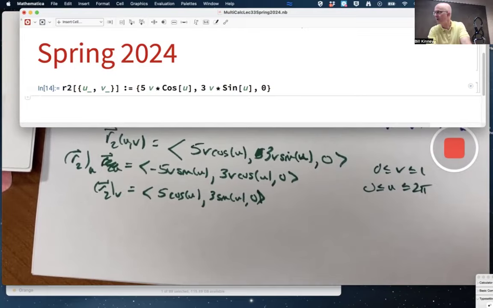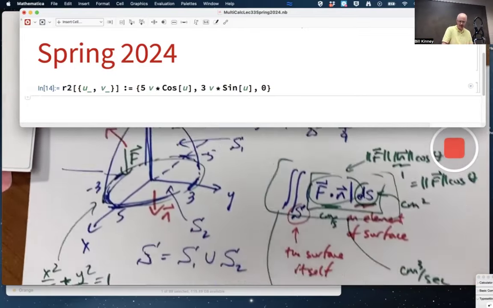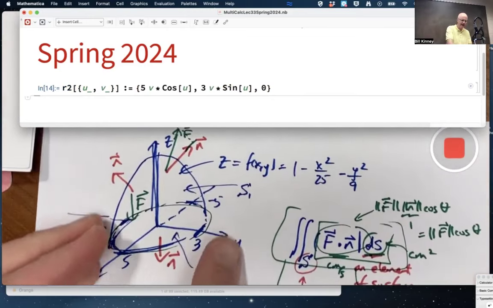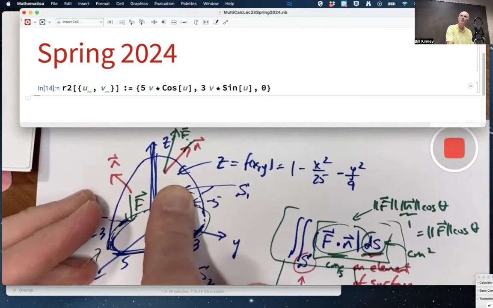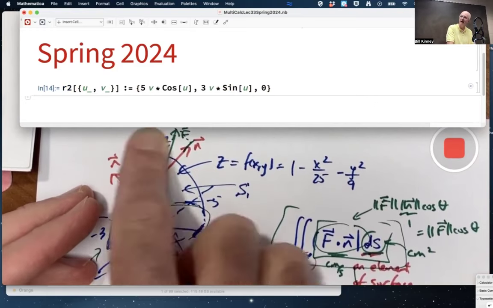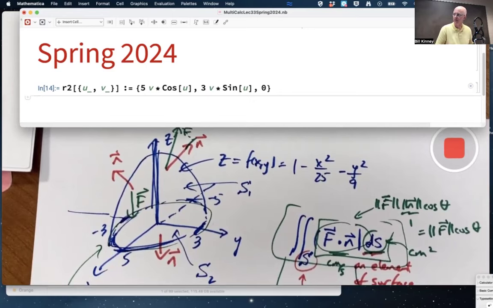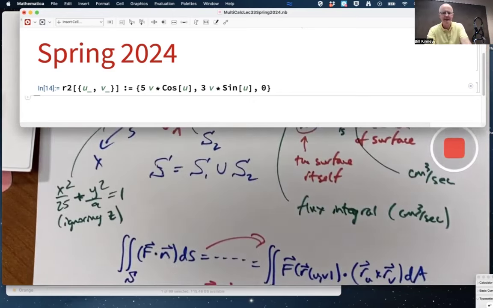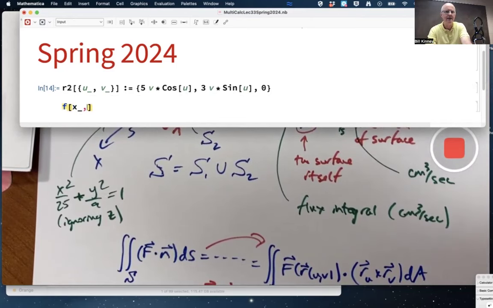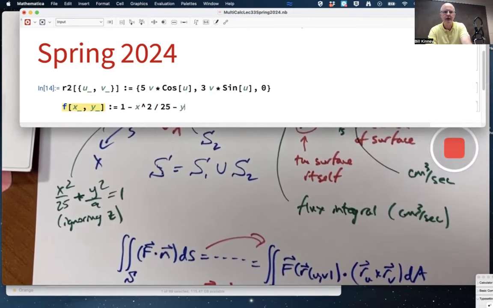We also want to parameterize S1 with an R1. That's the ellipsoid or hyperboloid, as it's actually called. No, sorry, paraboloid on top, the three-dimensional version of a parabola. That was the f function, f of xy was 1 minus x squared over 25 minus y squared over 9.